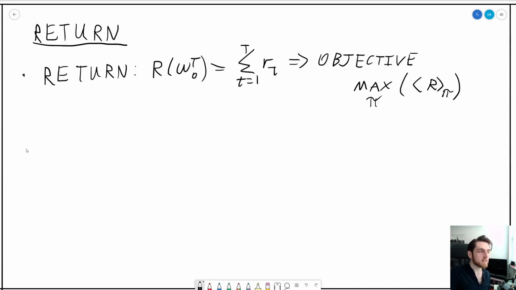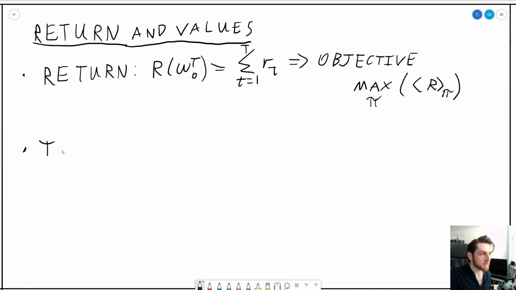So in order to define this average and to define values, we will need to define the probability of each trajectory. So the trajectory probability is just going to be the product of the probabilities of each state transition and each action along the trajectory.